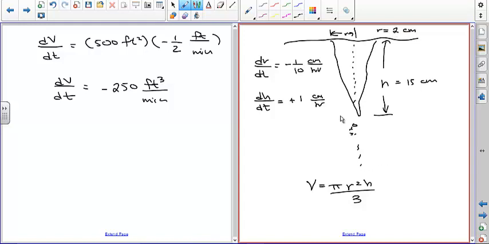So there's my information. I got the distance from the center of the cone to the edge, which is the radius, and we're looking at the specific case where the radius is 2 centimeters. The height is from here to the bottom, and that's 15 centimeters. And it said that the rate of change in the radius of the base with respect to time is negative, decreasing 1/10 centimeter per hour. And the height was increasing at a rate of 1 centimeter per hour. So that's all the given information.